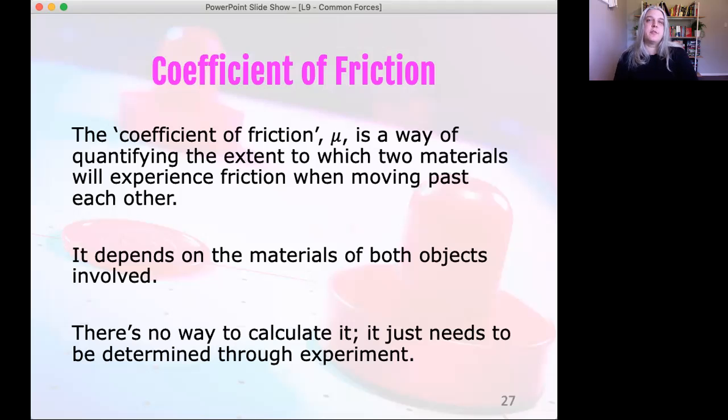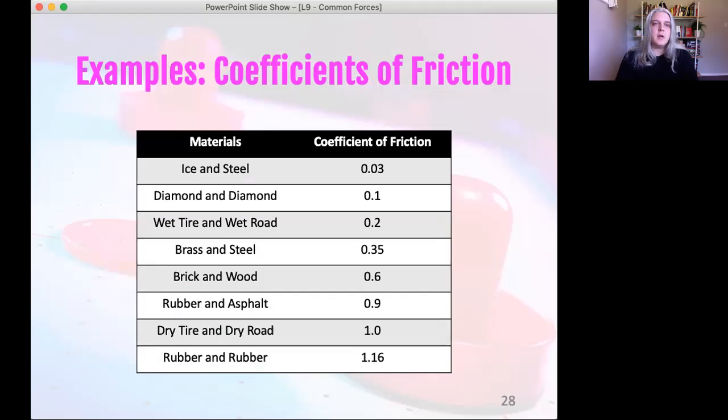So when you look up a coefficient of friction, you need to look up the pair of materials involved. Here's some examples: ice and steel. Ice is a nice smooth example. In reality, ice is generally low friction because the top layer starts to melt and you get a little layer of water which fills in any gaps naturally.